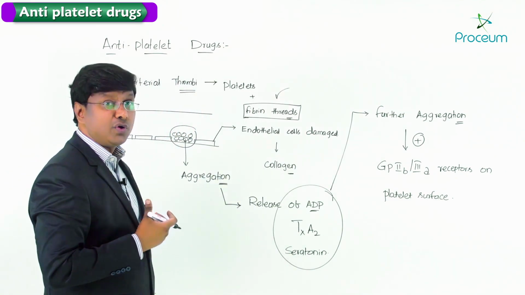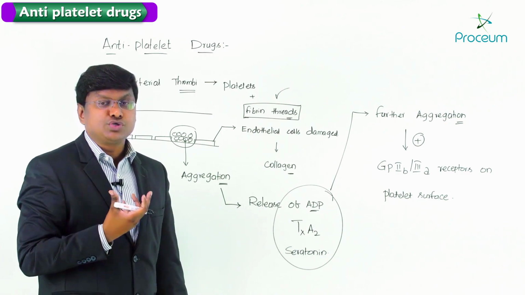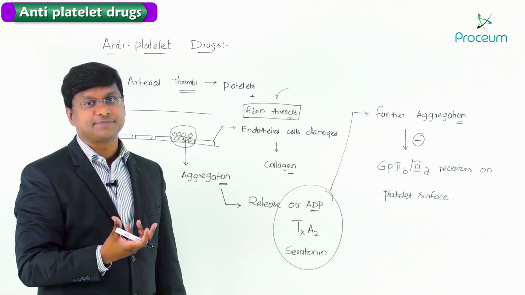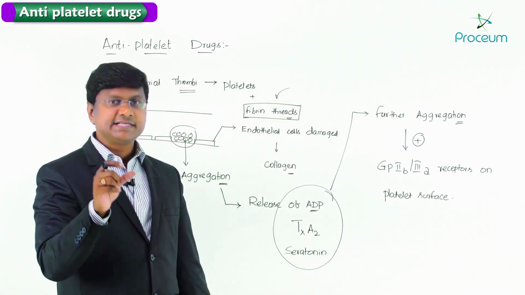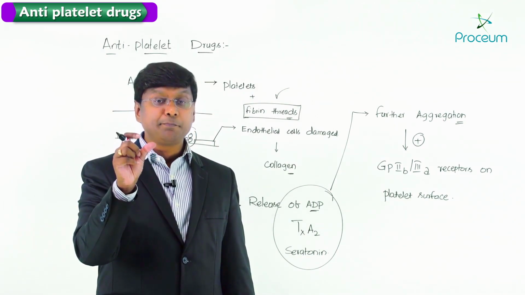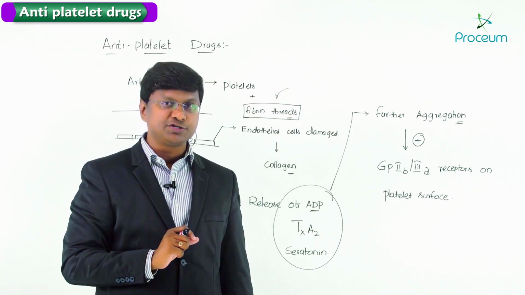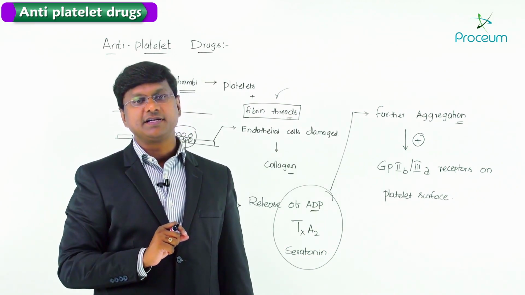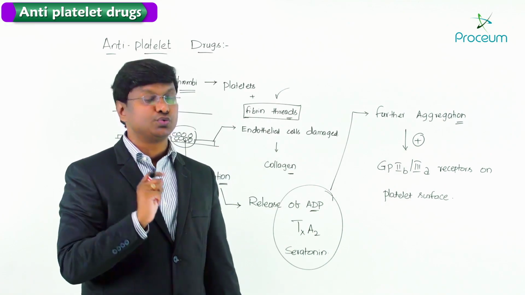But we also have a natural antiplatelet substance. There is a substance which is synthesized in the vascular endothelium which is a potent inhibitor of the aggregation of the platelets. And what is that particular substance? That is PGI2, right?